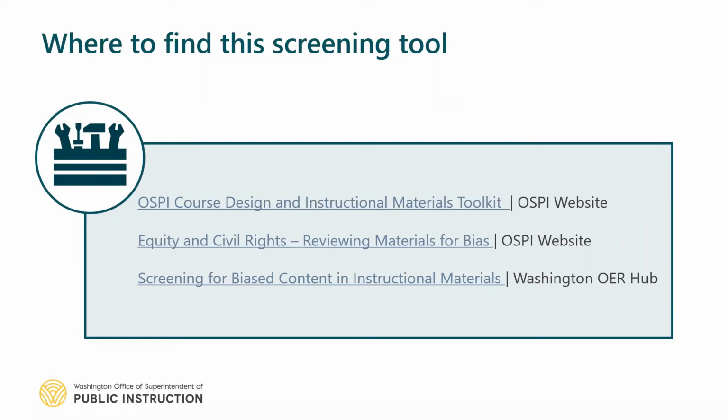The toolkit outlines suggested steps and highlights promising practices in the instructional materials adoption process. Most importantly, it provides model resources like this one. The resource can also be found on OSPI's Equity and Civil Rights page that deals with reviewing materials for bias, and also on our Washington OER Hub. And so these links will be on the slide deck that you will have access to.